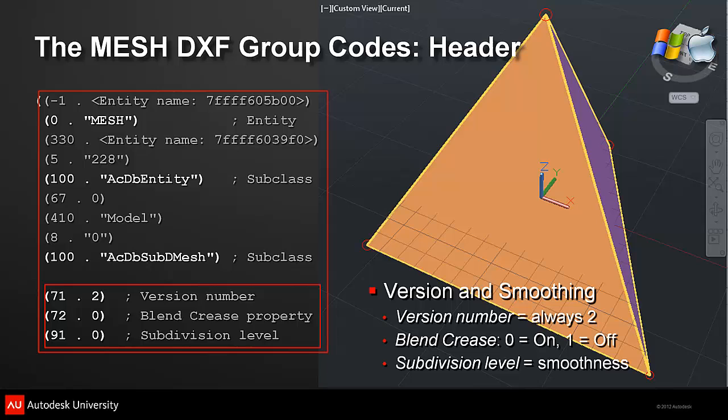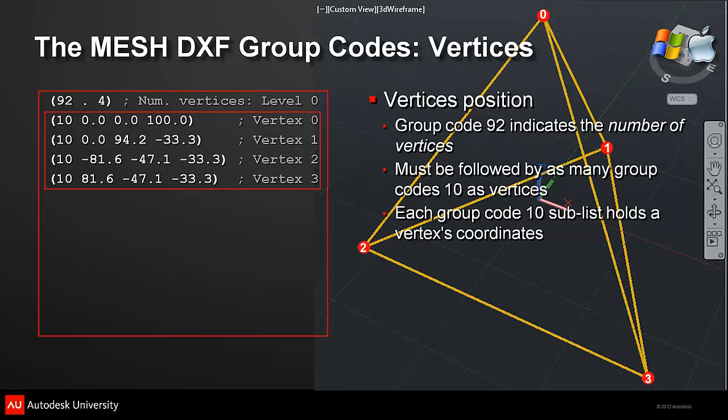Code 71 is fixed, corresponding to the Shape Manager software version. Code 72 refers to the smoothing mechanism, although it seems to have no visible effect. Code 91 is the most important header code, as it will define the mesh smoothing level. The mesh header sequence is followed by the vertices sequence.